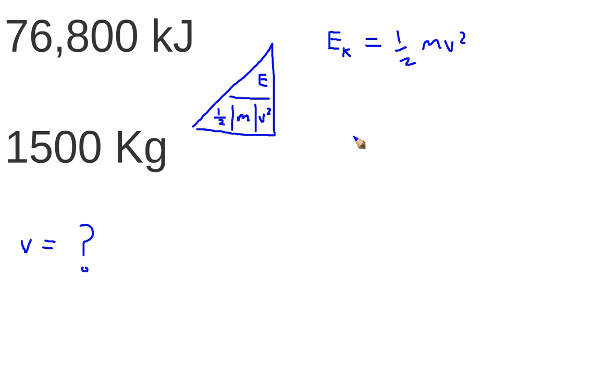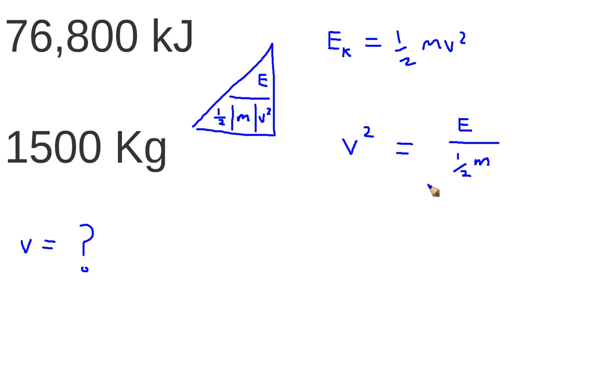And to work out the velocity, we'll take v squared for now, equals our energy divided by half of m.